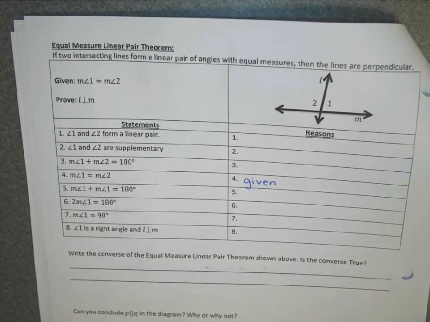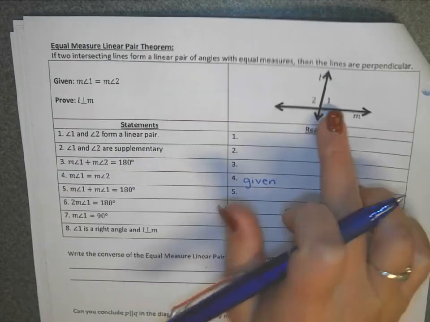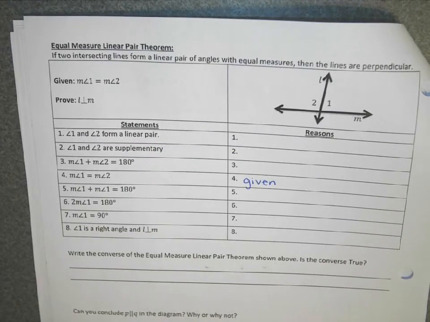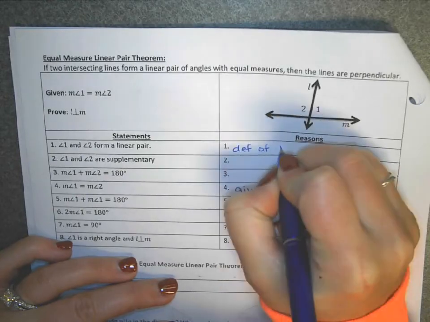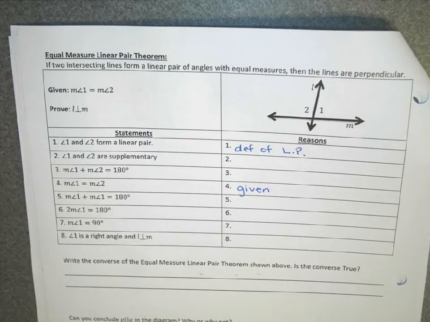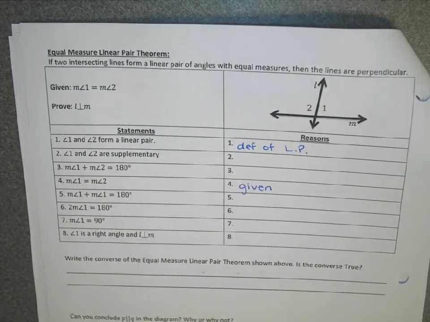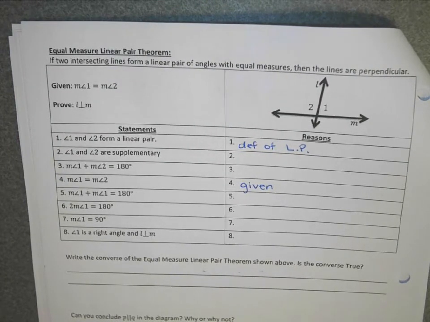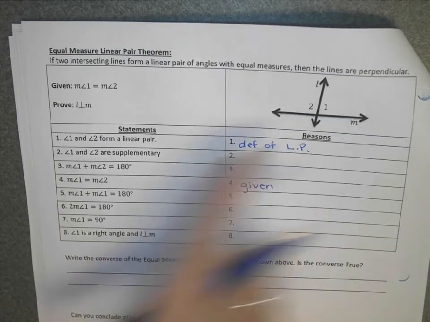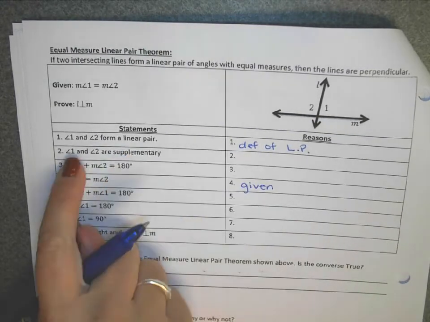Sometimes people don't use that until they necessarily need it. Okay. Now looking at this, you can see that 1 and 2 form a linear pair. If you see something, that is usually coming from the definition of a linear pair. It's coming from a definition if you can see it, because it's following the rules for what a linear pair is. The definition of a linear pair tells you these form a linear pair. If something's a linear pair, we know that it's supplementary.